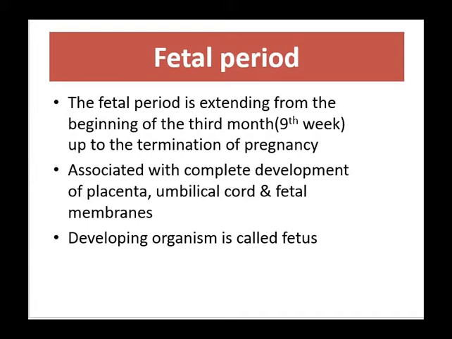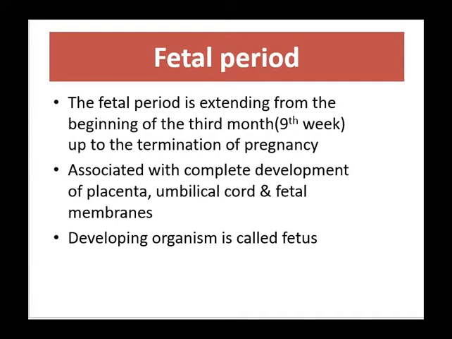For example, we have crown rump length, or sitting length, and this measurement starts from the highest point of the head to the lowest point of the back, and we call it crown rump length.